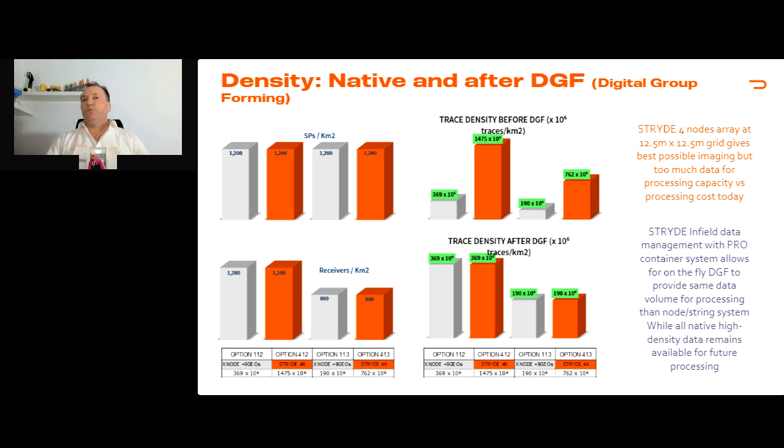To avoid an overrun of cost for processing for the customer, we are providing inside the Stride Compact or Pro container a flawless in-the-field digital group forming that will allow the customer to process the same data density as what he wants to achieve with a generic node on a string of 9 phones.